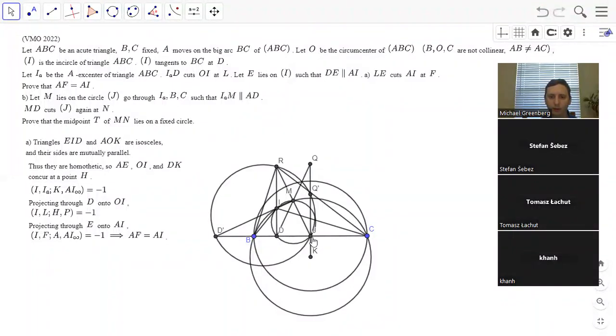The tangent of this angle is the tangent of MIC. And MDJ is MJD, right? I think, because this is a right triangle. Well, no, that's not true.